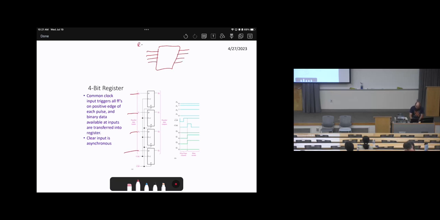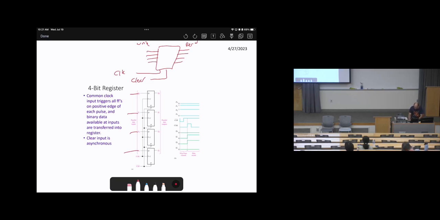Here we have one for read, here for write, here for read. Then here we have 1 bit for the clock cycle to tell you when the update will happen. Then the other input is for clear, to make everything zeros.